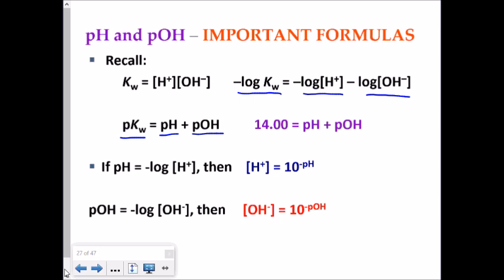And we did just kind of talk about this one. If you need to reverse, start with the pH and go to the hydrogen. It's just 10 to the negative pH value. And you type that in and go backwards to the concentration. Now the hydroxide also works. You can find the negative log of the hydroxide, giving you the pOH.